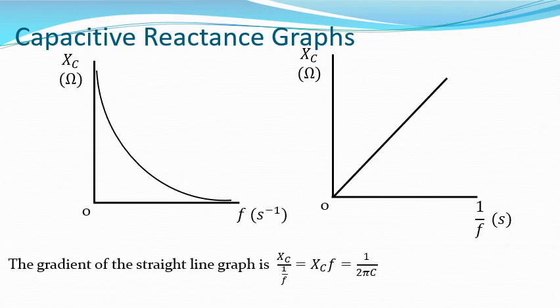And what is more, we can get information from our straight line graph, and the gradient of this particular graph is going to be 1 over 2 pi times the capacitance. So by plotting these variables, putting a line of best fit, working out the gradient, we can work out the capacitance from our relationship and from our graph.